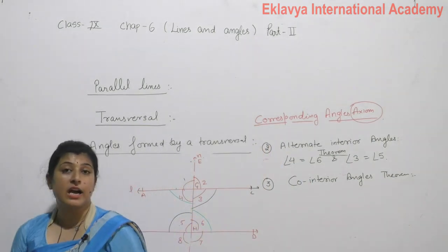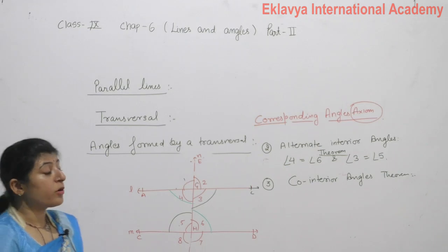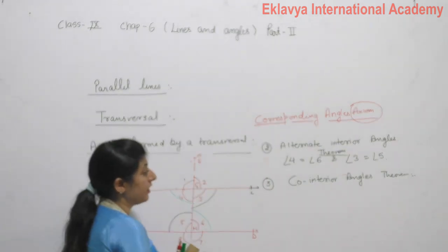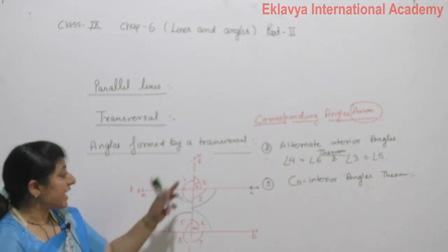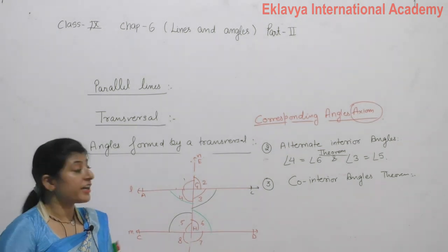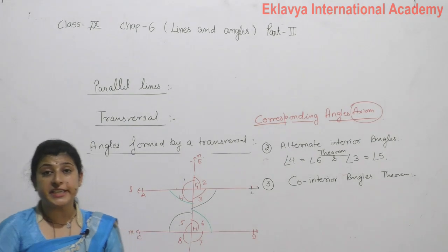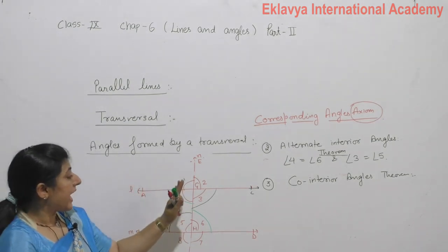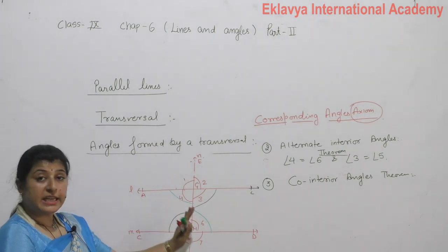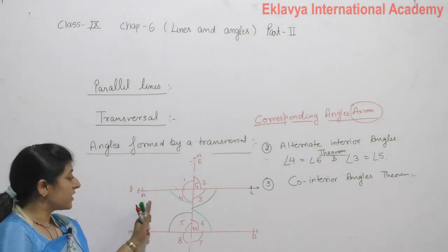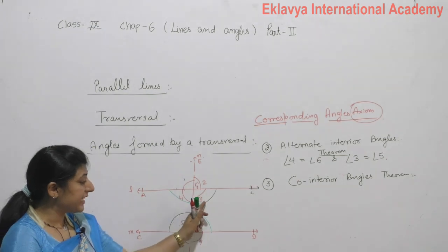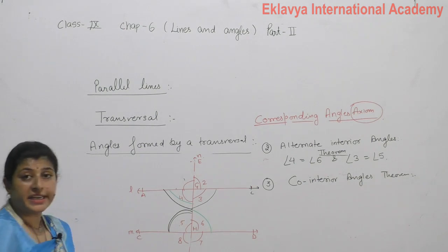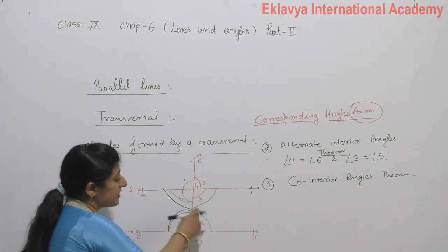So we will do that after these theorems. What is the co-interior angle theorem? You are already aware of what the co-interior angles are: when a transversal intersects, the angles lie on the same side of the transversal. It means 4 and 5, and 3 and 6. Here 4 and 5 are co-interior angles, and 3 and 6.